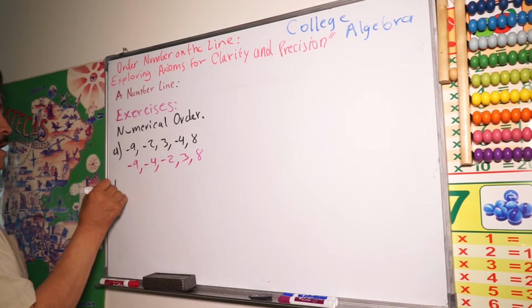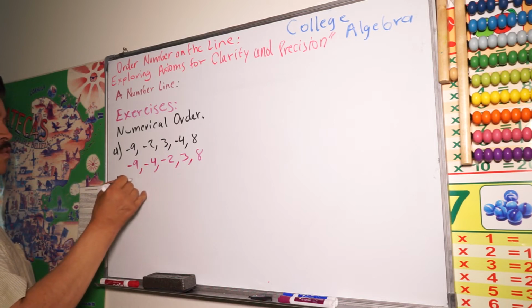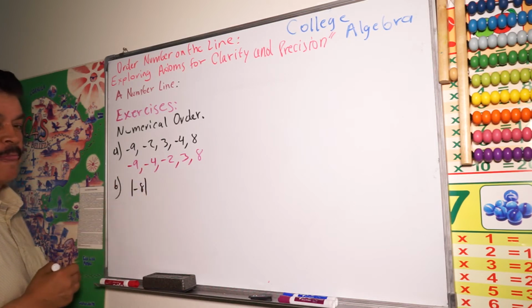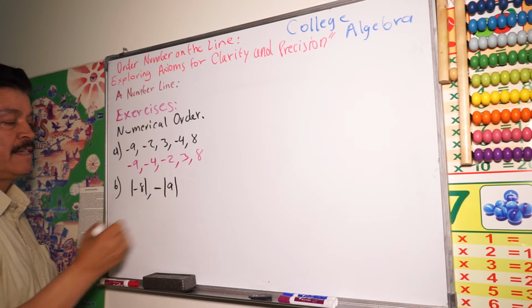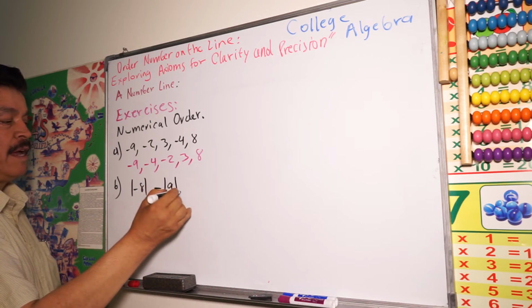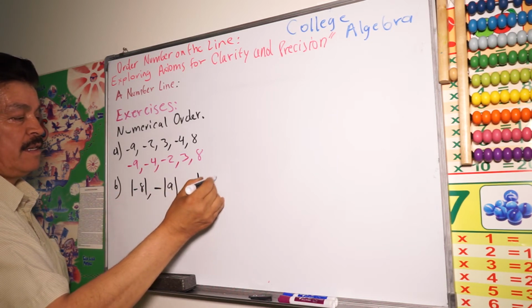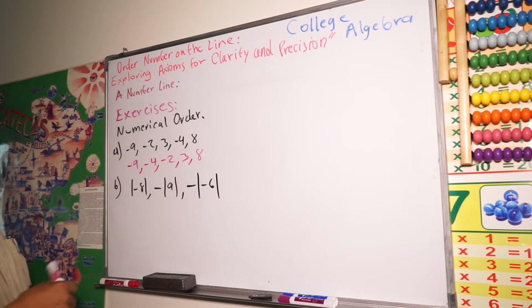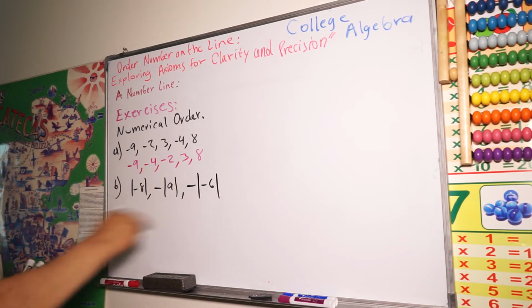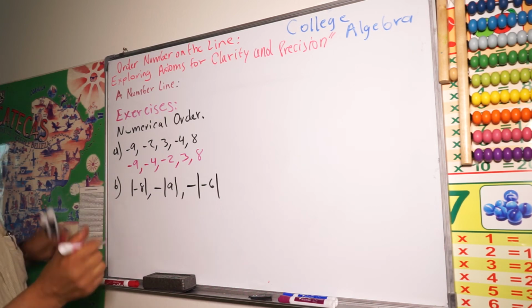Let's do another one. For example, let's write the absolute value of negative 8, minus 9, the absolute value of 9, and the negative absolute value of 6, from smaller to greater. What is the smaller one?